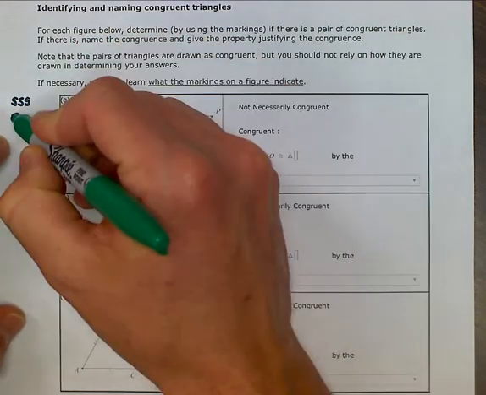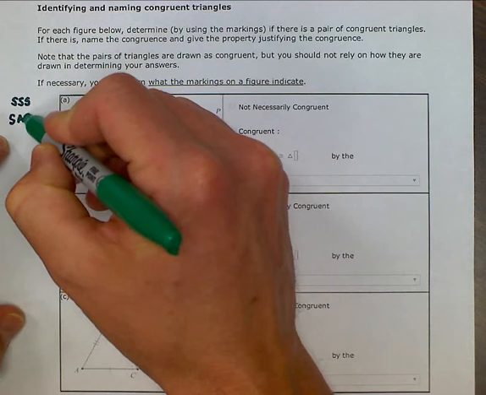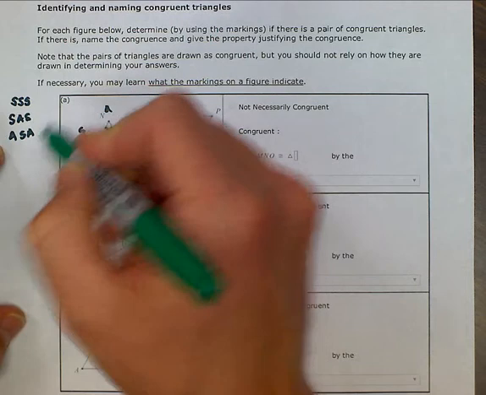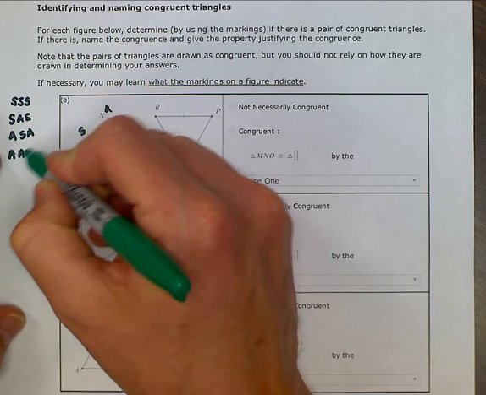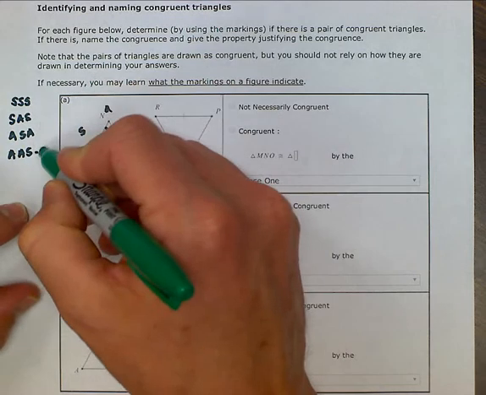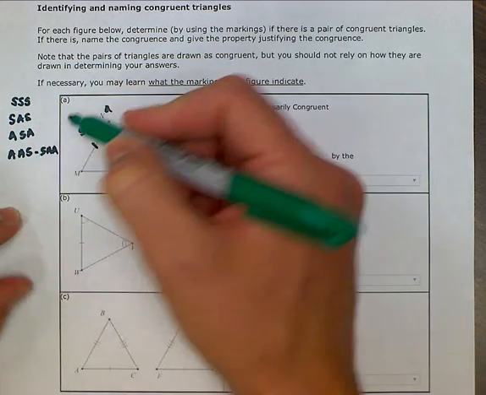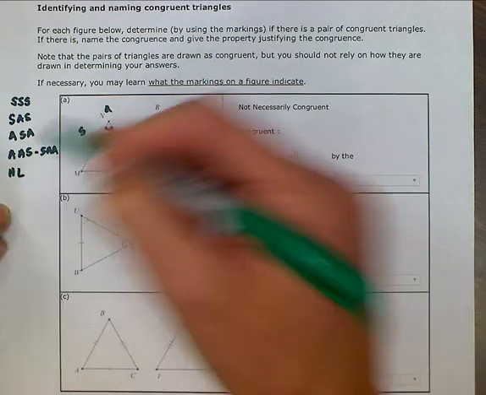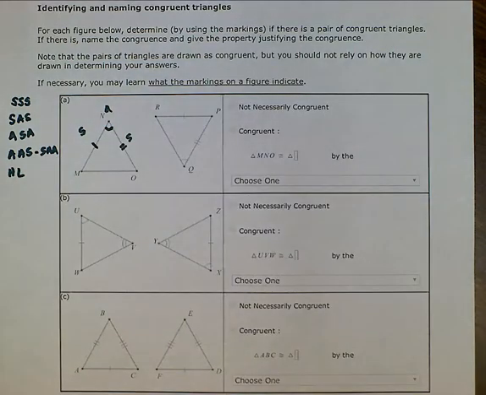We know side, angle, side, and angle, side, angle. And then we know angle, angle, side. Of course, this could be written backwards too if we wanted side, angle, angle, which is the same thing. And then if we had a right triangle, we could also do the hypotenuse leg theorem.